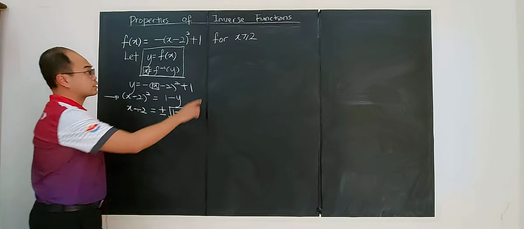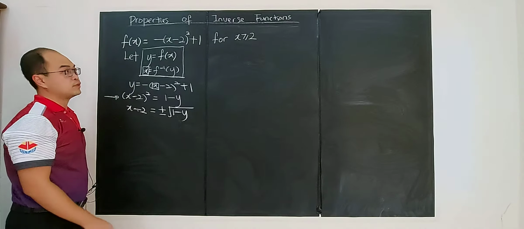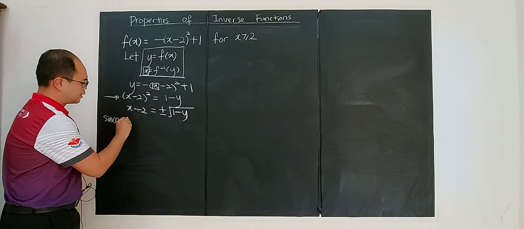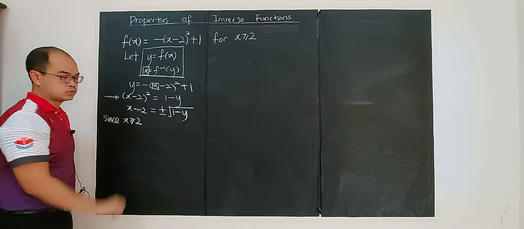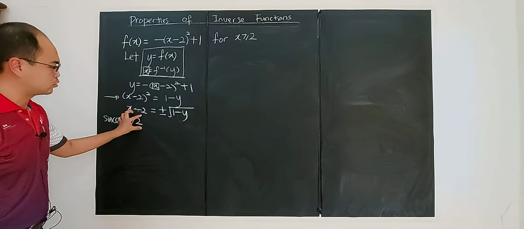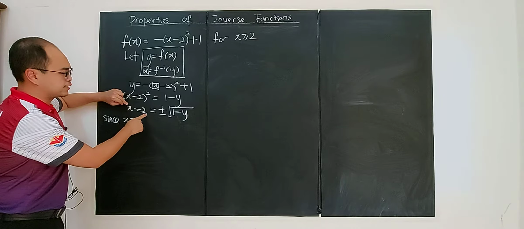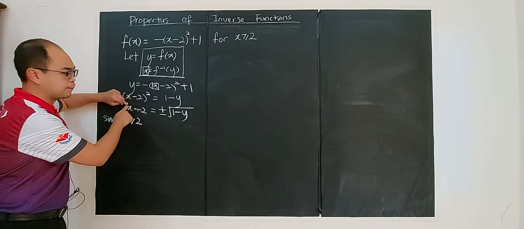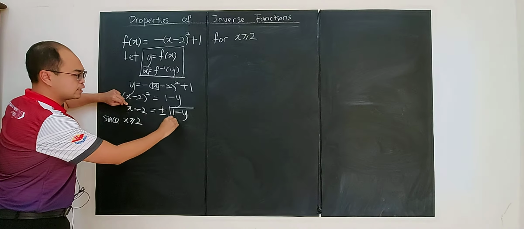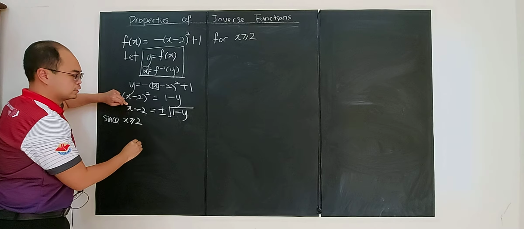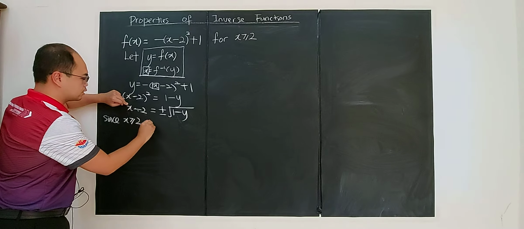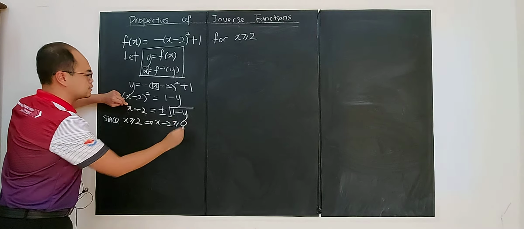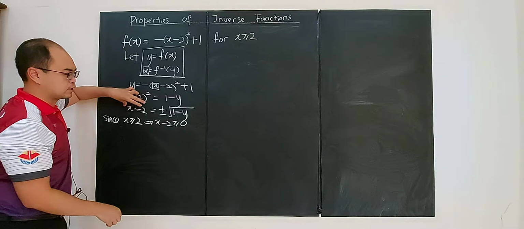But because of the given domain, x is greater than or equal to, right? They have mentioned that x is greater than 2. If x is a number greater than 2, like 3, 4, 5, or 6, you minus 2, you will surely get a positive number, right? So this tells you that x minus 2 is at least 0, a positive value here, right?